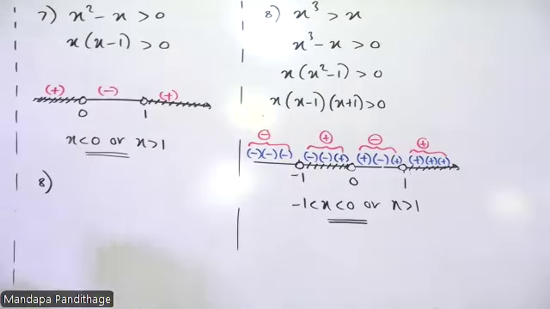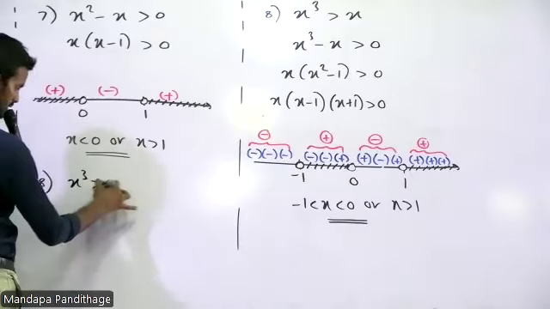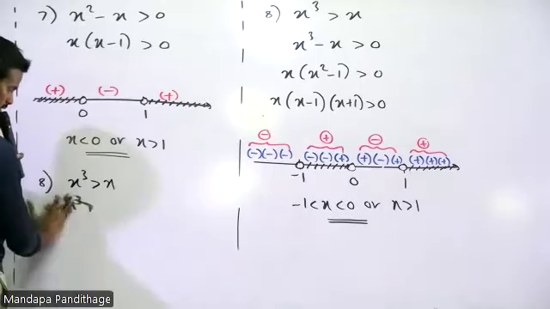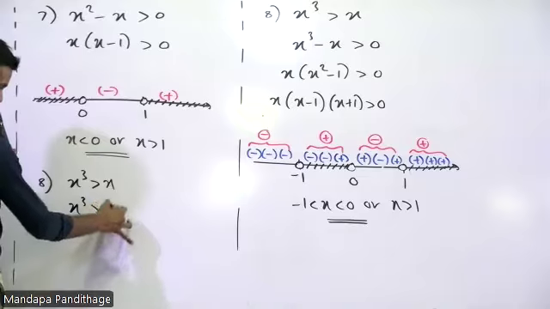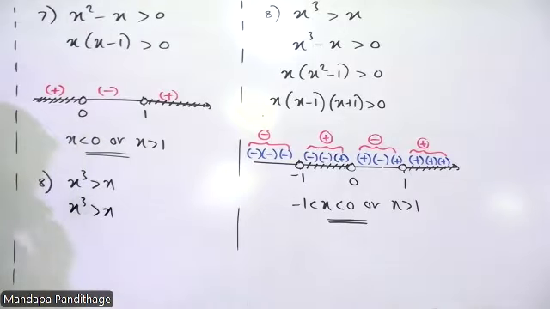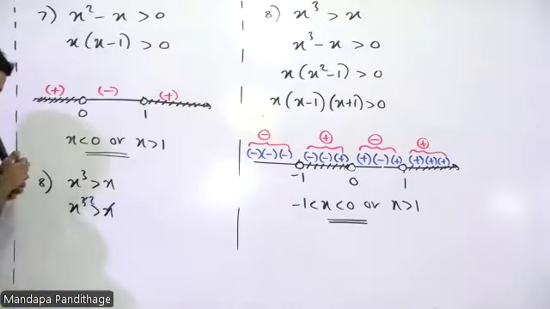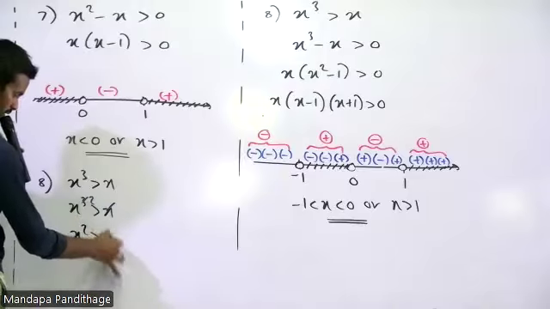Okay, now my question is this way. Let's say someone is doing it this way. I'm canceling this x. Listen. I'm canceling this x, and I'm getting that x squared is greater than 1, and then I'm taking this side.